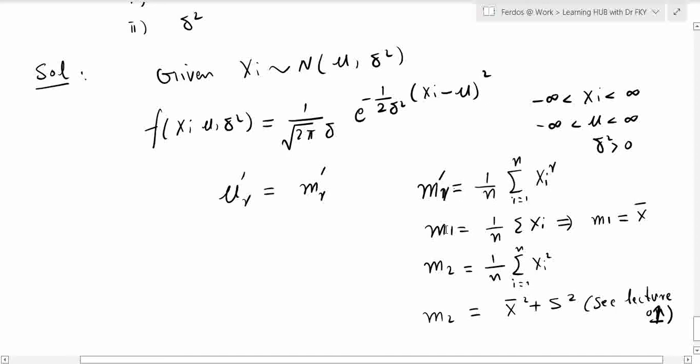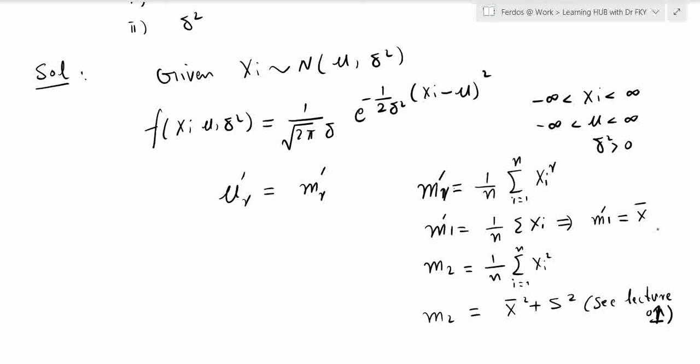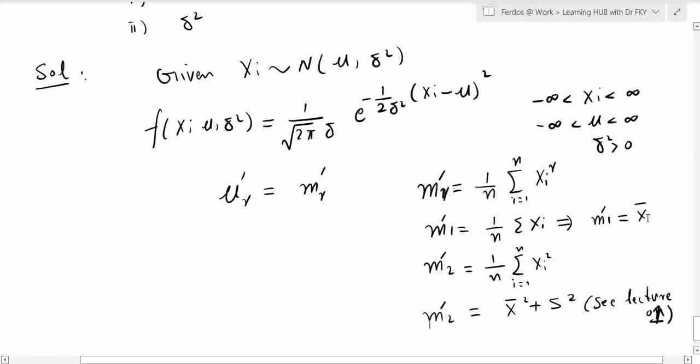So m1 is equal to 1 divided by n summation. Suppose we replace r by 1. So the first moment is 1 divided by n summation xi, and this should have a prime, so m1 prime is equal to x bar.